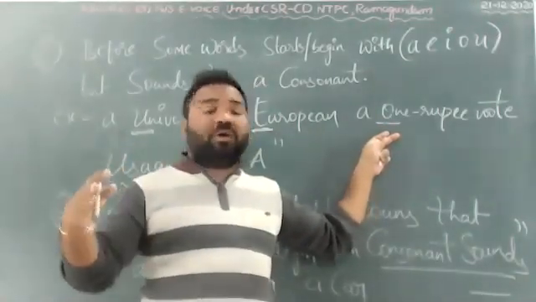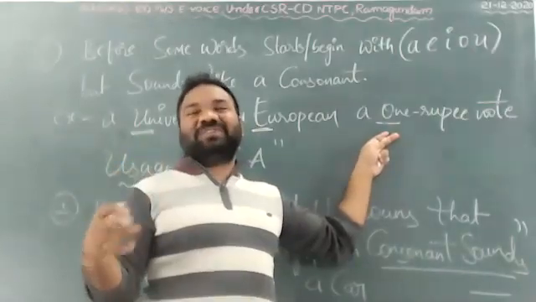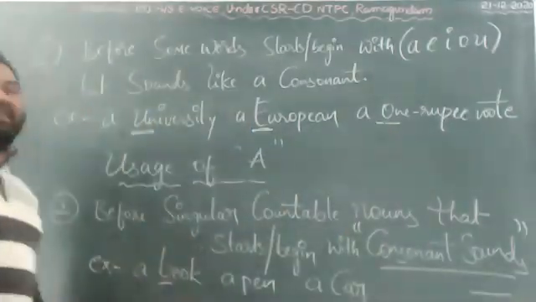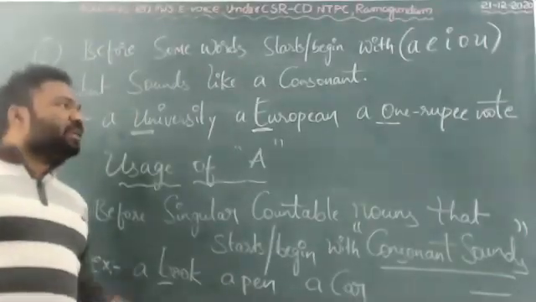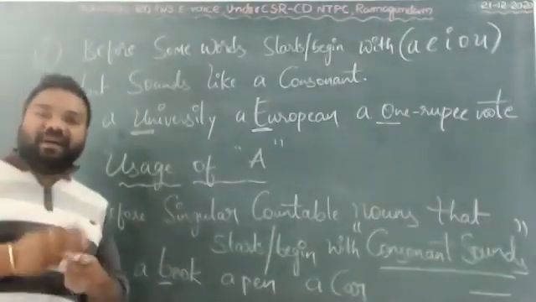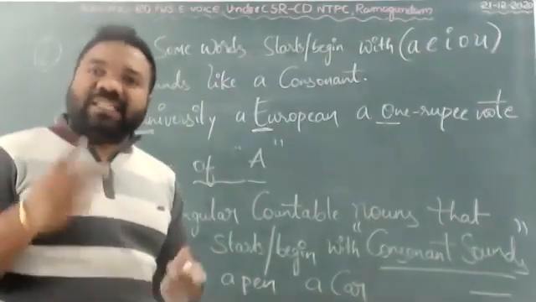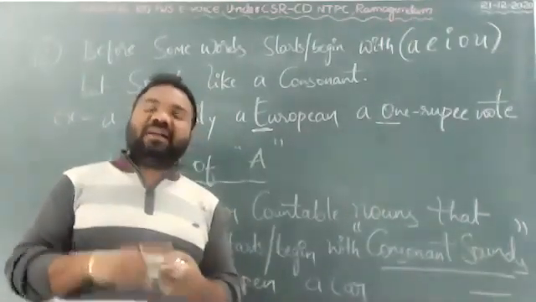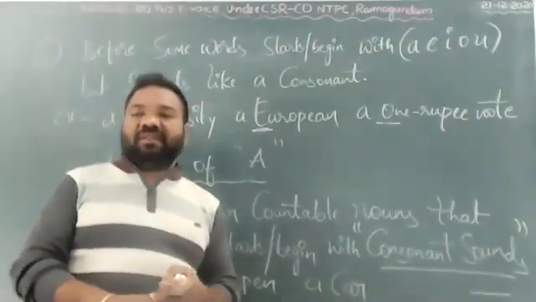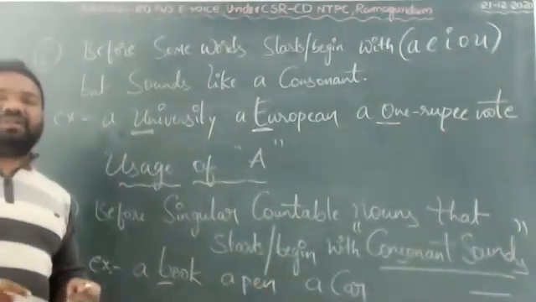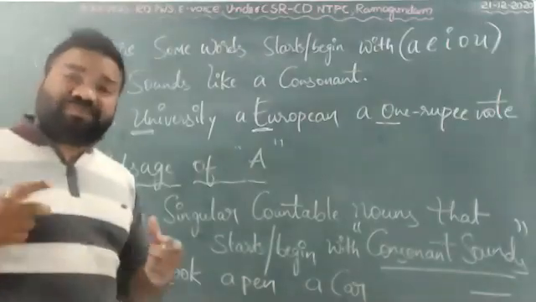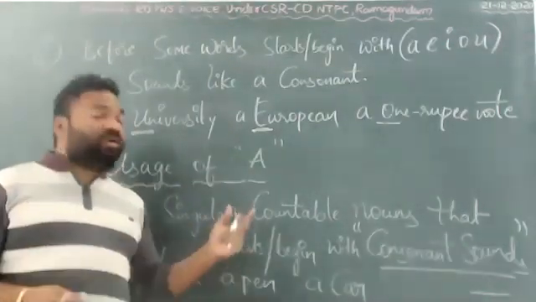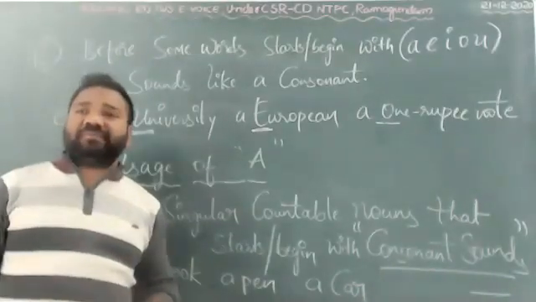It's not 'on rupee note', it's one rupee note. So 'wa' is what? A consonant. Therefore, I have used it this way. Students, never forget, 'a' is used before singular countable nouns. So please take a screenshot, or else you can note it down in your classwork.